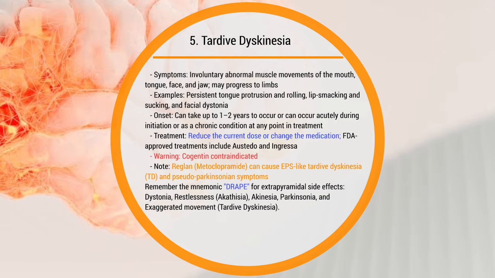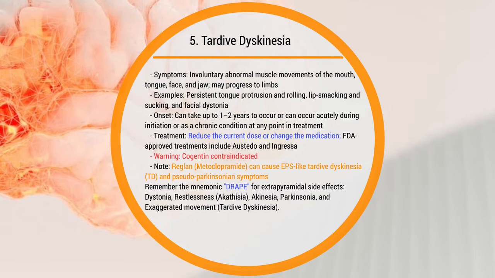It can take up to 1 to 2 years to occur. So we would look for reduction of the current dose or change of the medication. There are two FDA-approved medications that we can try, called Austedo and Ingrezza.